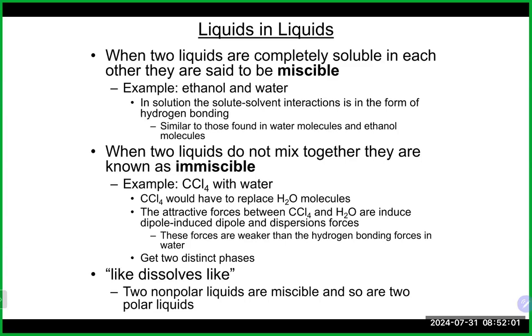So if we have two liquids that are completely soluble, they're miscible. If you put them in a test tube and they definitely mix together, when you look at that test tube, it will essentially look like one liquid. You won't see different layers or anything like that. It will all mix together.